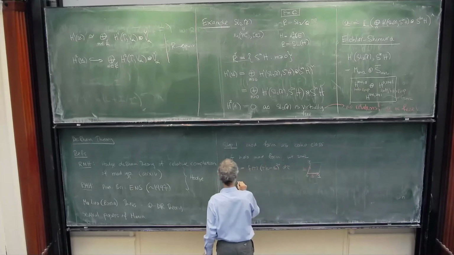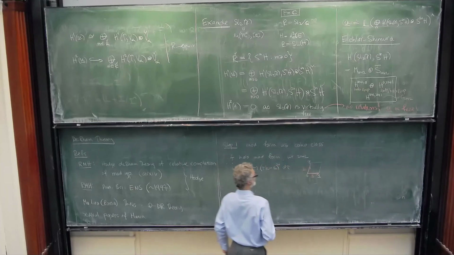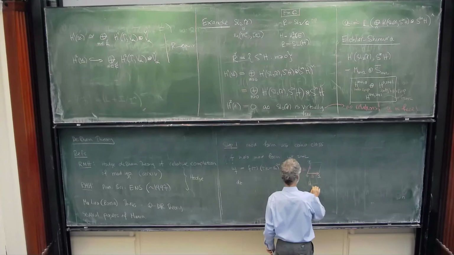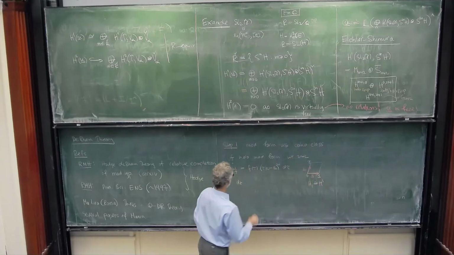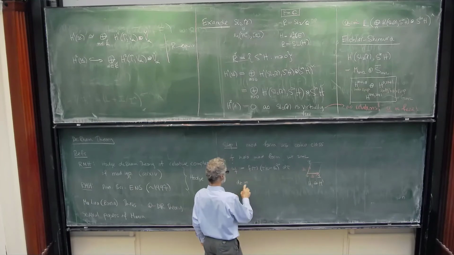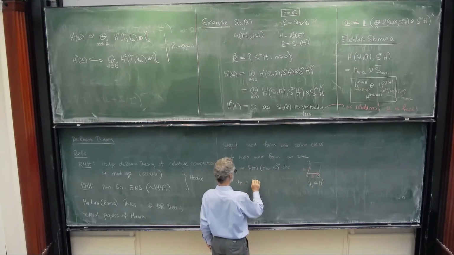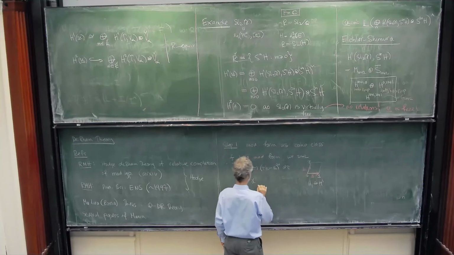If you write down dz, and I'm thinking of H_1 isomorphic to H^1 by Poincare duality, then dz is just A dual, because dz takes the value 1 on this, plus tau times B dual.